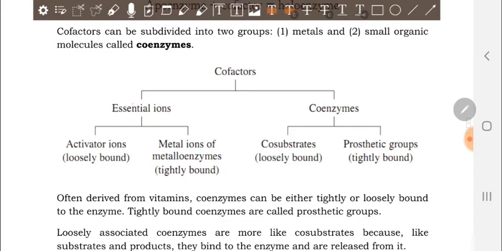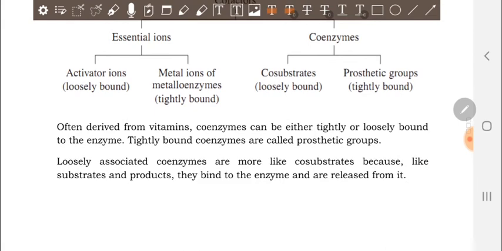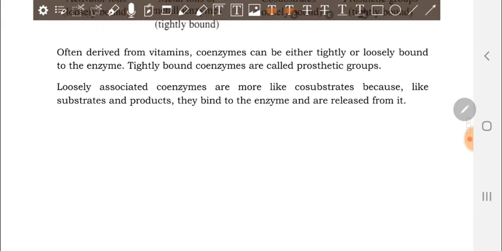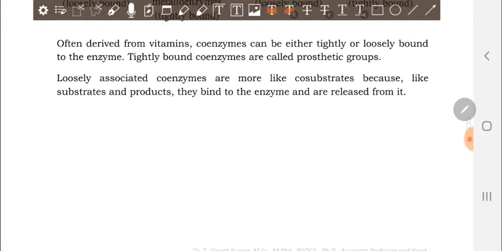The essential ions are the metal ions involved here. The activated ions are loosely bound, and tightly bound are the metal ions of metalloenzymes. This is the common terminology now. Previously, cofactors represented metal ions and coenzymes represented organic molecules. Now this is the new terminology and the new regulations given by IUPAC, so we have to follow this.